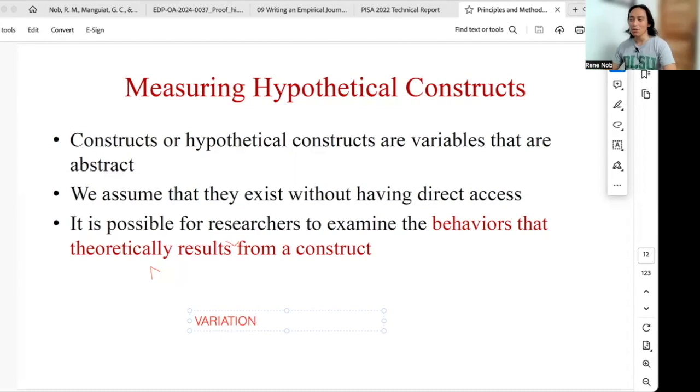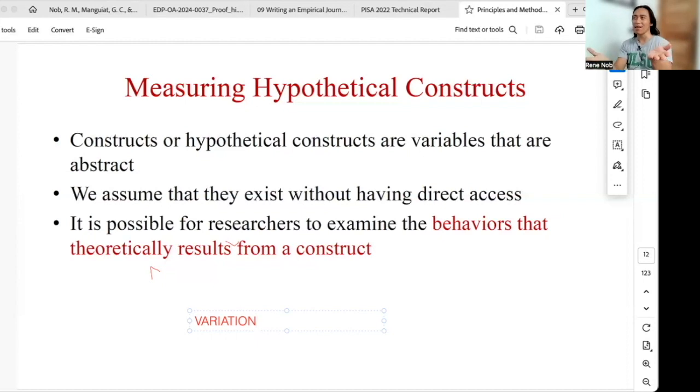So much so that you can see that one person is behaving, quote-unquote, intelligently, smartly, shrewdly, while another person might be consistently behaving in a rather unintelligent manner. It is this variation that probably makes us think that there must be something that the first person has that the other person may have but probably less of.